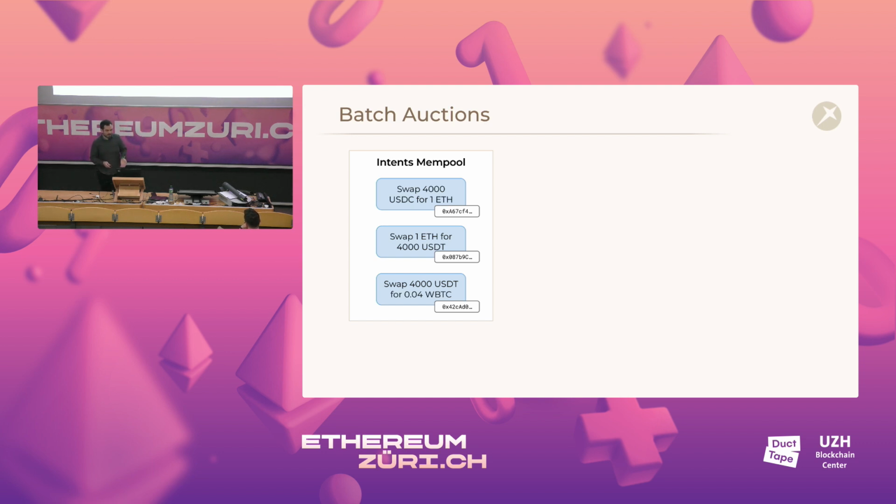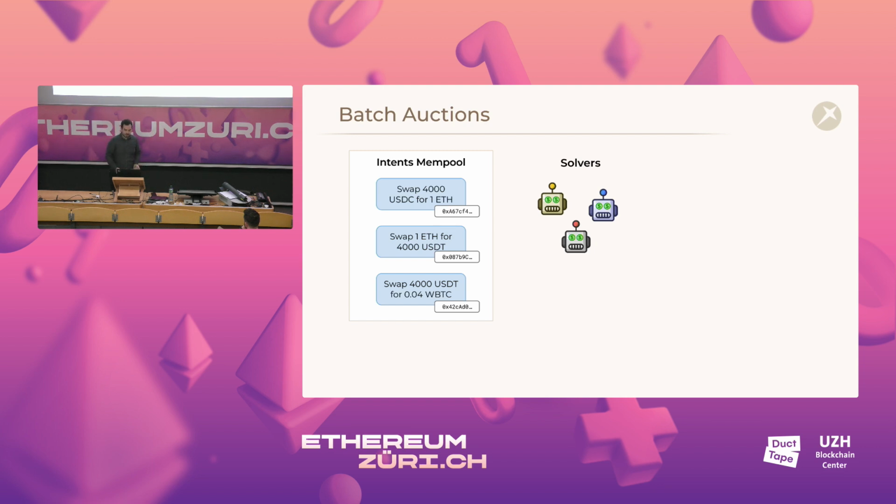So these intents are not normal transactions. They are just signatures that are floating around. Solvers are still there. They are still greedy, still heartless. But the thing is that now, with custom sequencing rules, what we can do is use their computing power, their advantage and their knowledge to actually help us settle these transactions.